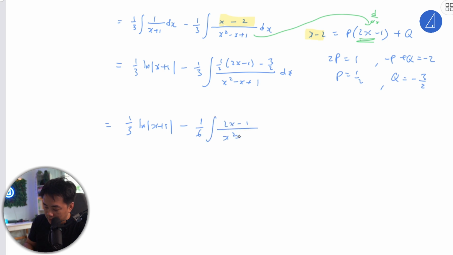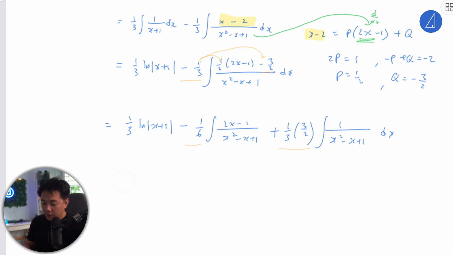Just be careful. Plus 1 times 3 over 2. Yeah. Okay, so what I did was I just distributed this in. I'll get this. Distribute this in, I'll get this. But this is negative, negative, positive.